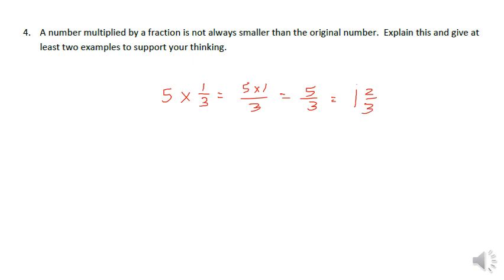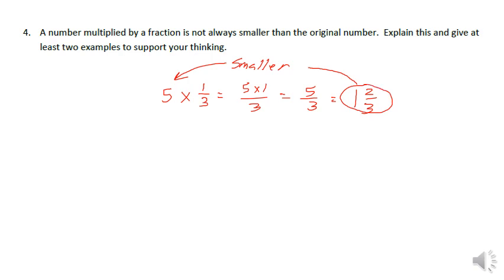And you can see 1 and 2/3 is smaller than the original factor. And this is what most students think, and they always say, no, anytime you multiply by a fraction, your product, which is 1 and 2/3, is always going to be smaller.